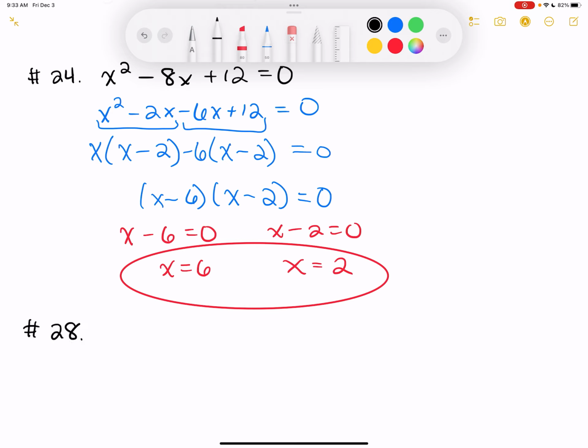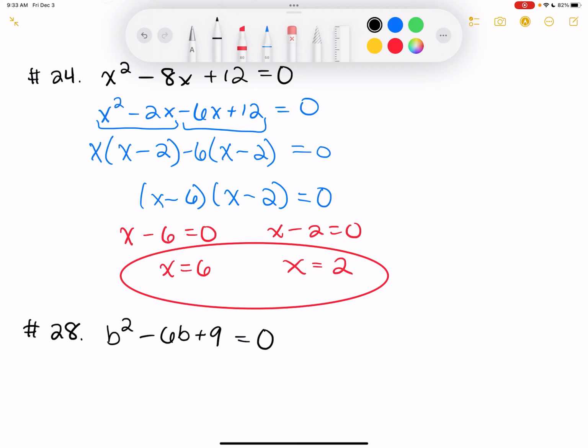28b squared minus 6b plus 9 is equal to 0. What do you notice about this one? 1 has to be negative, 1 has to be positive.